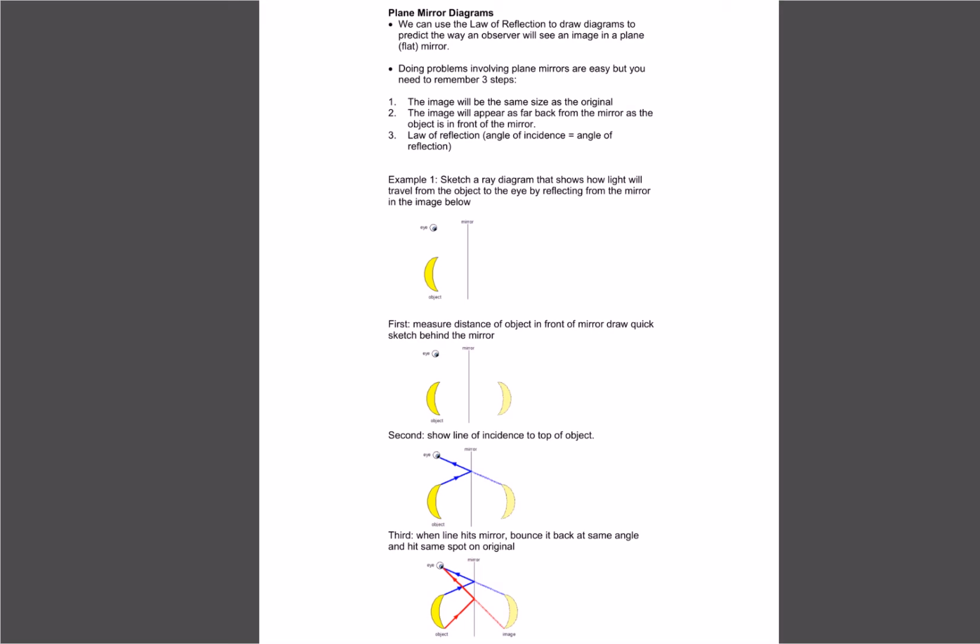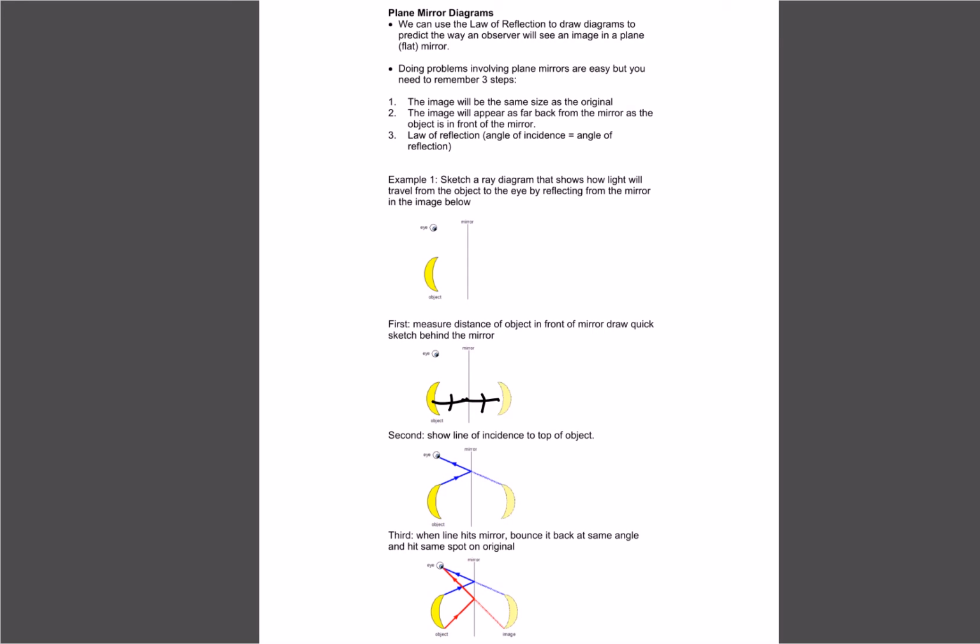And the reason for that is just the way the rays go from the original to the mirror. So let's suppose we have this moon-shaped object, let's say on your t-shirt, and you stand in front of a mirror. Your eye would see that image the same distance away. So whatever your distance is standing in front of the mirror, that's the distance it would appear behind the mirror.